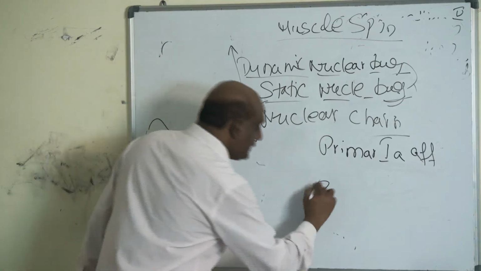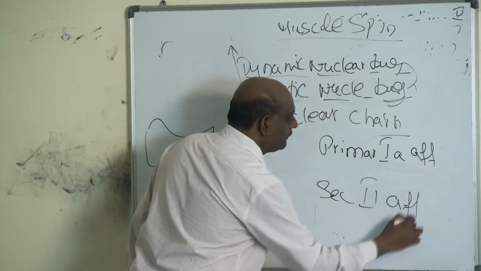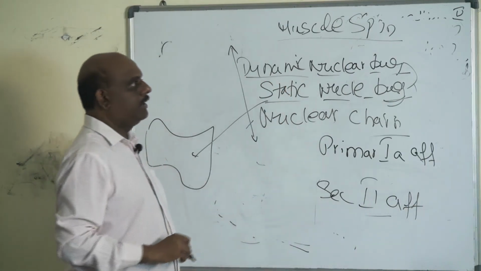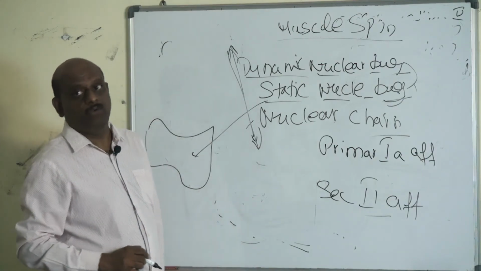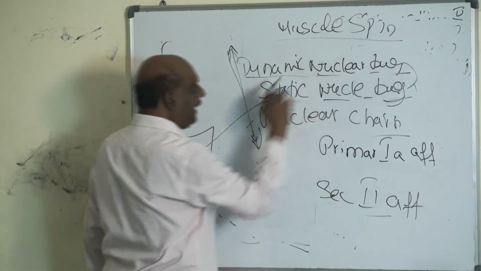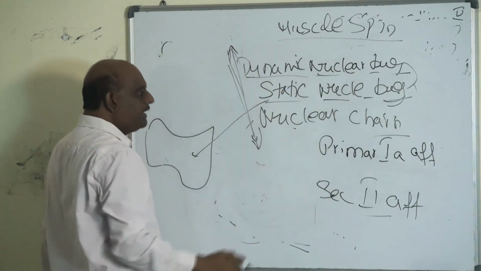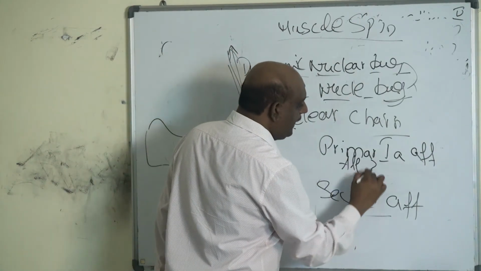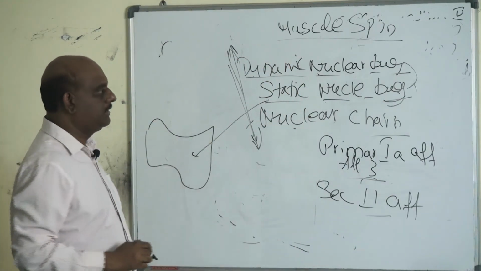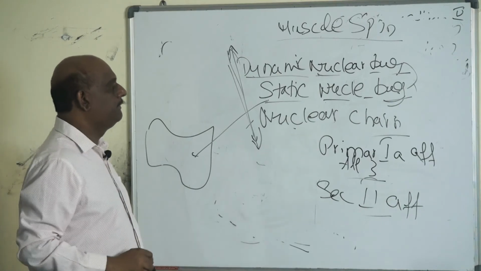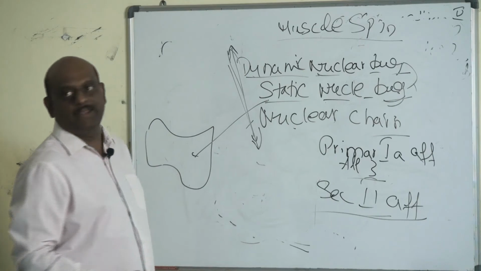Second is called secondary 2 afferent. Now, all the three fibers, what are the three fibers? Fatafat bolo. Dynamic nuclear bag, static nuclear bag, nuclear chain fibers, all the three are 1A afferents.